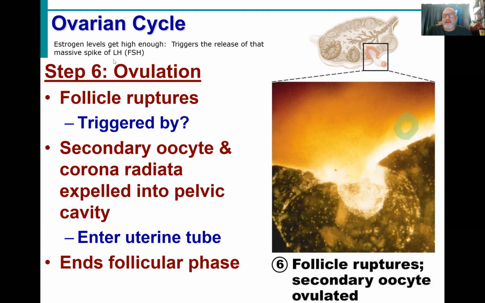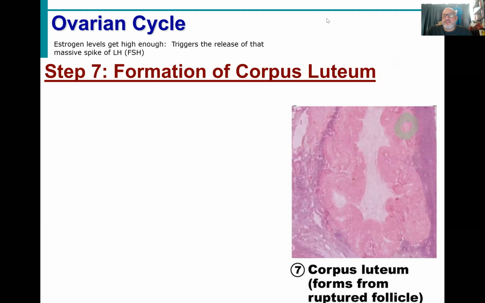Because while that luteinizing hormone triggers ovulation, the other thing it triggers is the transformation of the remaining granulosa cells into our corpus luteum. Notice, as I mentioned, when it first forms, it looks like a ruptured balloon that has popped, because that's essentially what it did.